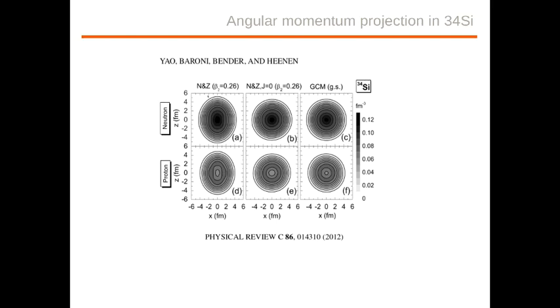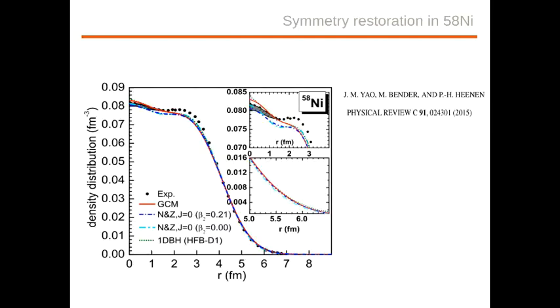These people were restoring the rotational invariance of this deformed system, silicon-34, and here you see that the wave function projected to angular momentum 0 obviously has spherical symmetry, as it should have, right? And if you look at the density as a function of the radial distance, you see that the projection is bringing some differences with respect to the intrinsic densities. So really, one has to take into account this consideration.